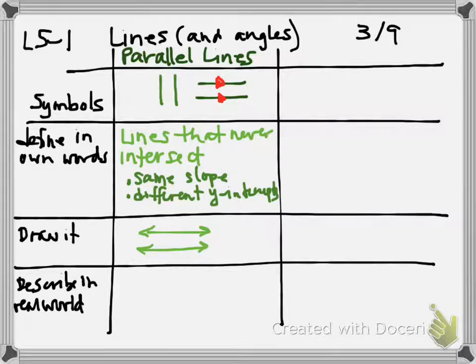Can somebody give an example of where you might see parallel lines in the real world? Devin. In the streets. Okay, and so tell me what you mean by that, because I can think of several things that could be in a street that would be parallel. Like the sidewalks, if they're on the other side. Okay, so the sidewalks on opposing sides of the street?